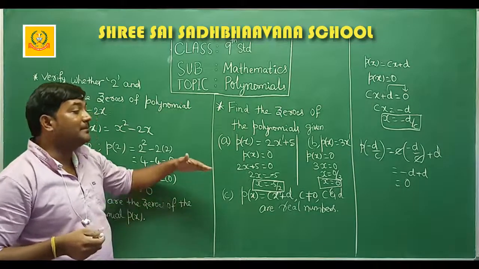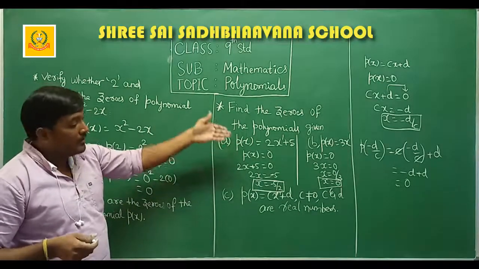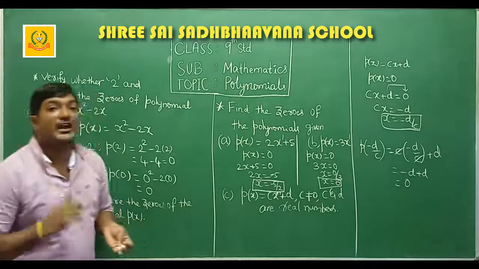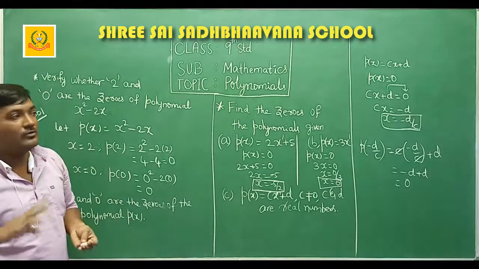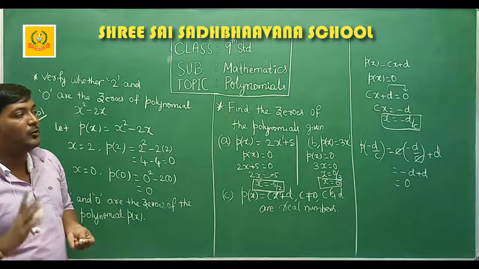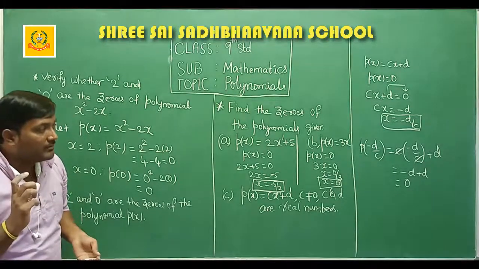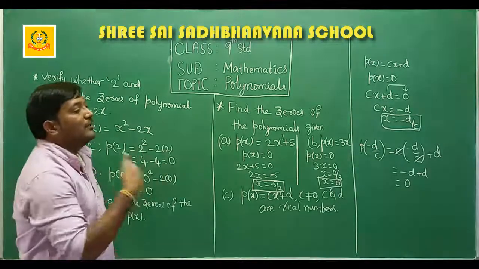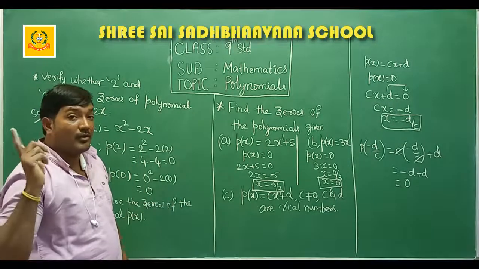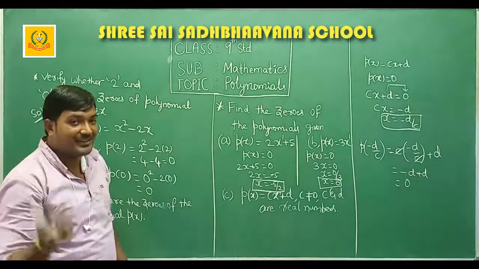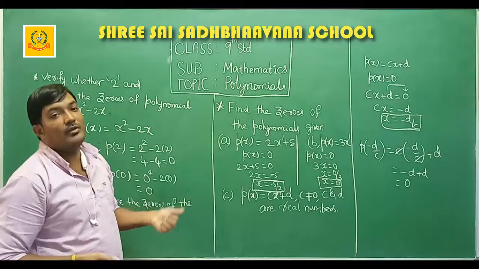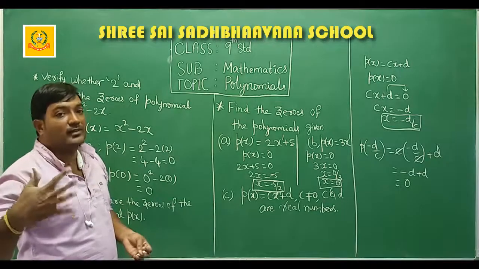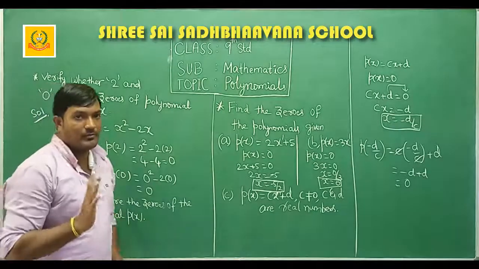So, how many zeros are possible? Obviously, only 1 zero is possible. You cannot get more than 1 zero, because the zeros of the polynomial depend on the degree of the polynomial. For example, if the degree of the polynomial is 2, you might get 2 zeros. If the degree is 3, you might get 3 zeros. Understood? Okay.